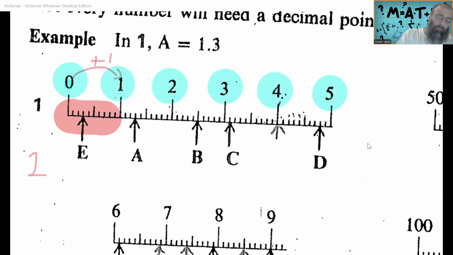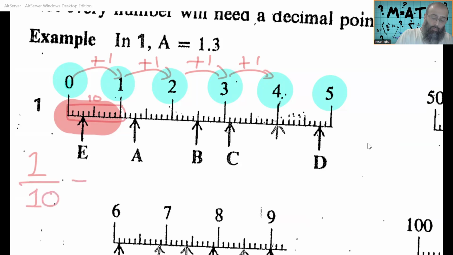We're going up by ones. We have to then divide it by the 10 little intervals in here. So 1 divided by 10 is equal to 0.1. So in this particular question, each little jump is 0.1.